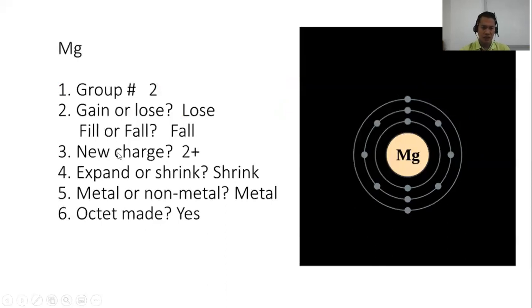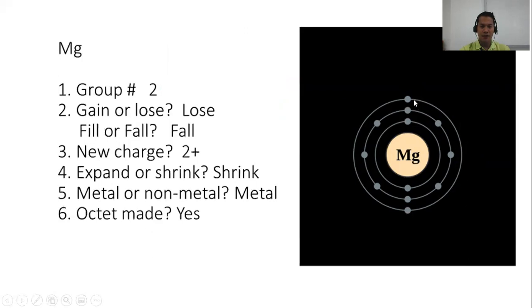Now, what's the rule? Number 2, gain or lose. If the element has less than 4, it will lose. So the answer is lose. That's 2 only, right? So it will lose. That means these 2 electrons will be given away. Do you understand?